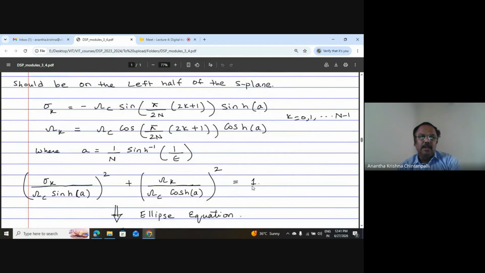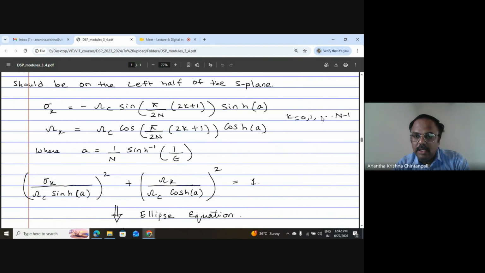Now, these are the actual locations of the poles, where k goes from 0, 1, and so on to n minus 1. We have already taken care of the poles on the left hand side of the s plane, that's why we write k equal to 0, 1, 2, and so on to n minus 1.